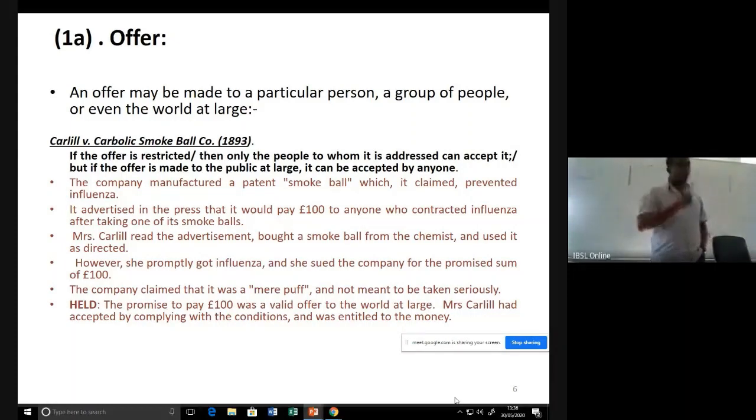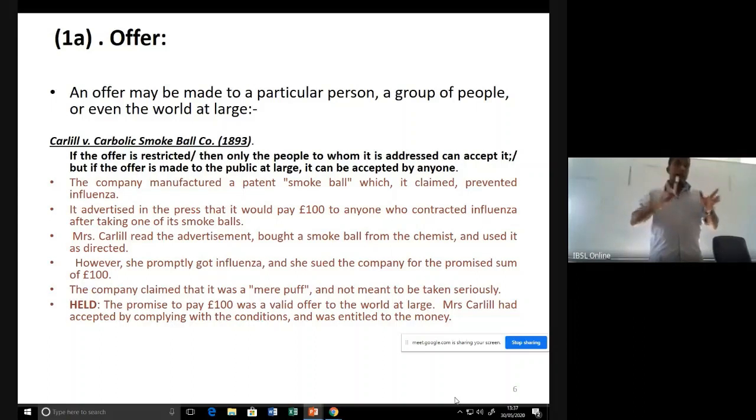This is a promise to sell and it is capable of acceptance. It is addressed not to a particular person, but to a group of people. What is the group? The class. Any one of your class can accept this offer.